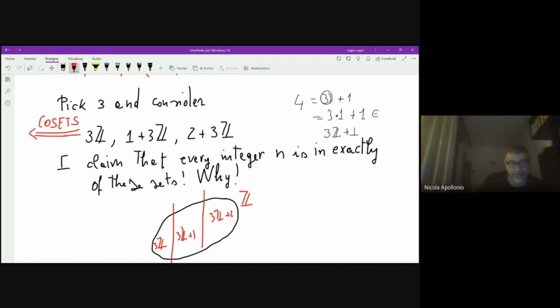This is a terminology which comes from group theory. Any one of these is a coset. So 4 belongs to the coset 3Z plus 1. It is also called lateral class.